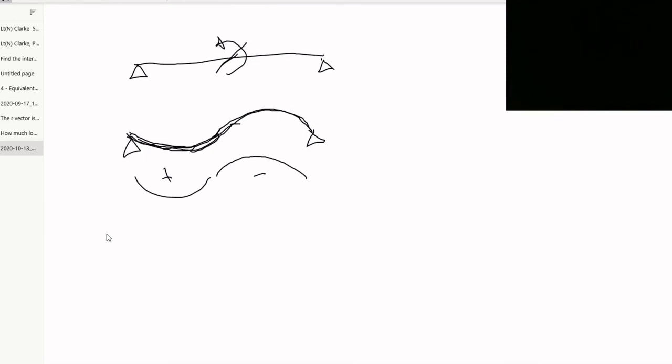So essentially what that means is that if we graph how our moment changes when we apply a positive moment in the middle, it causes a drop.